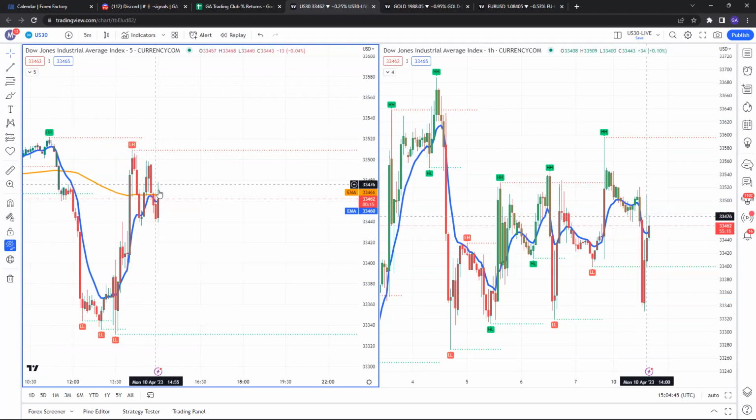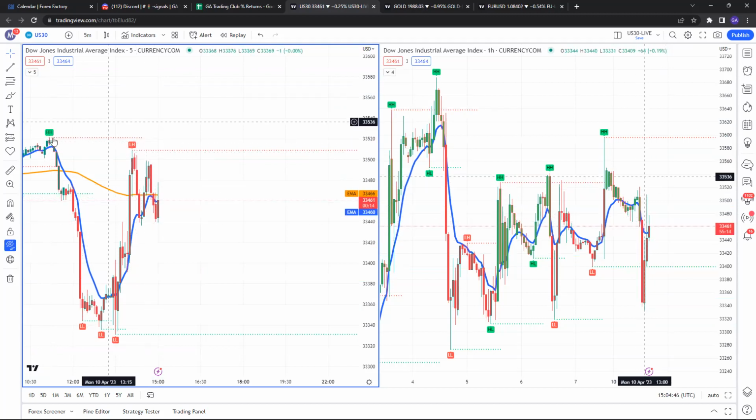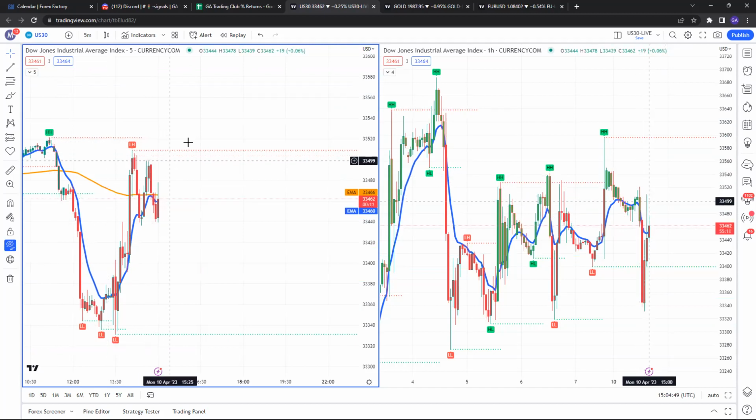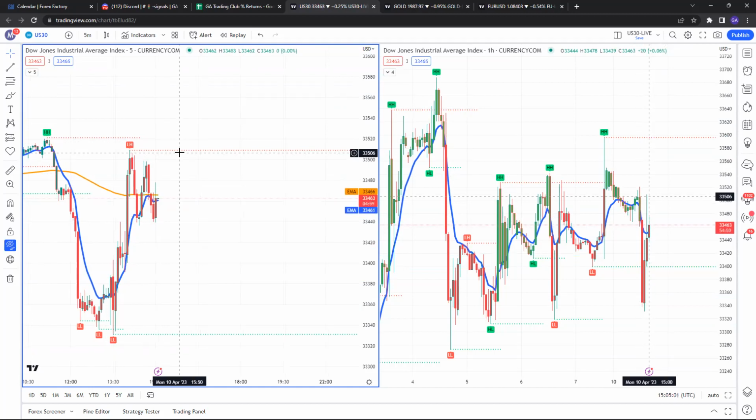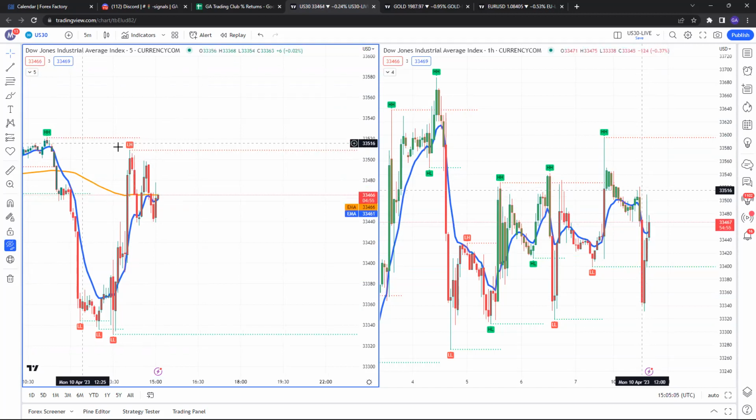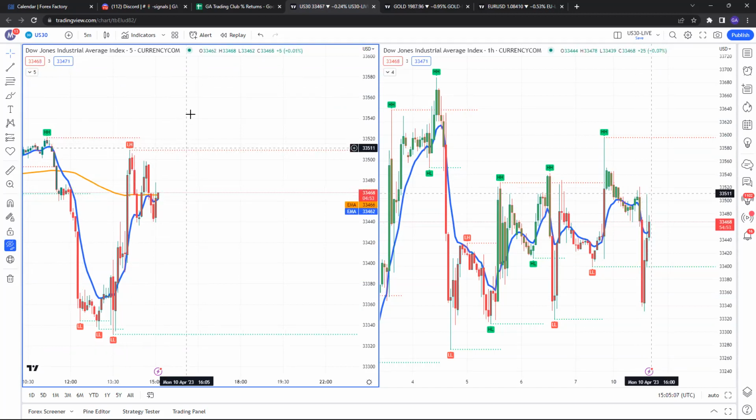What I would be looking for is closure above that trend line and retest and closure above that trend line. At that point, I will enter into a US 30 buy with probably a 50 lot or a 20 lot. Right now, I think I'm in a 10 lot, because I'm only risking 0.5% over 200K. So I'll enter in with probably like a 50 lot and go for like 20 pips take profit.